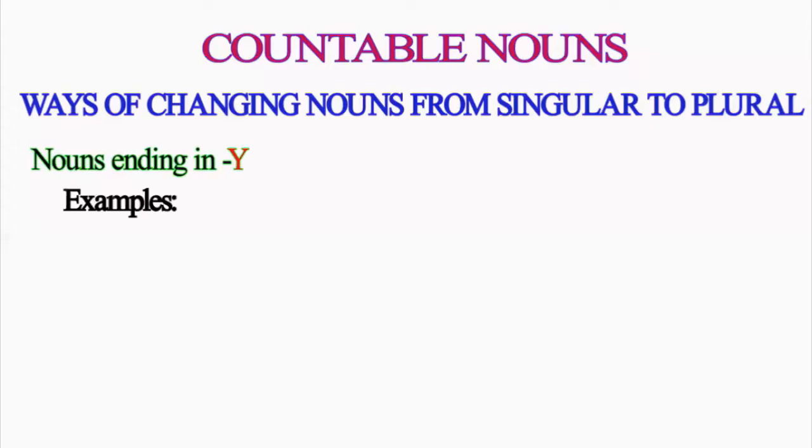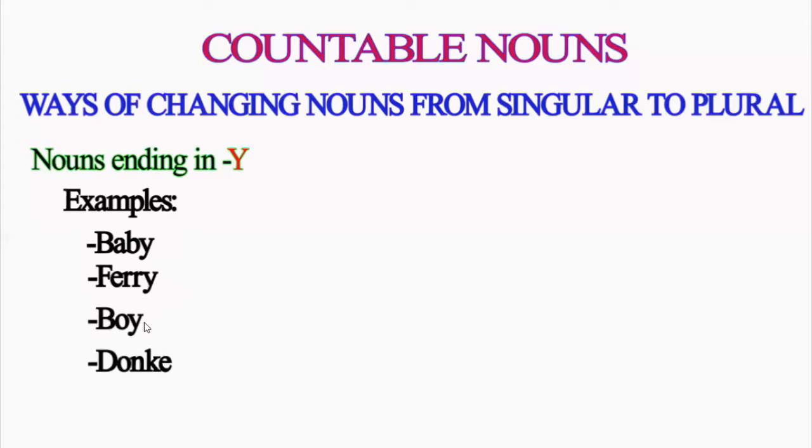Examples: baby. This noun baby, the last letter here is Y. It ends in Y. Fairy. The last letter here is Y. This word fairy, the last letter is Y. It ends in Y. Boy.